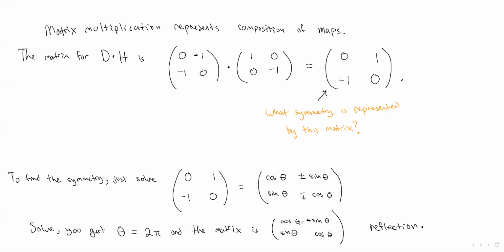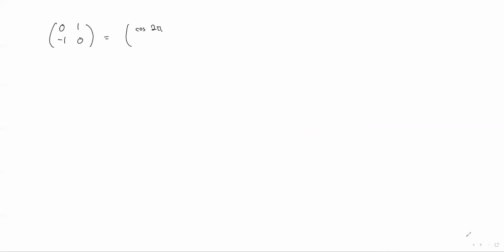Summarizing, (0, 1, -1, 0) is equal to cos 2 pi. Was it 0, 1, -1, 0? Yeah, (0, 1, -1, 0) is cos 2 pi.